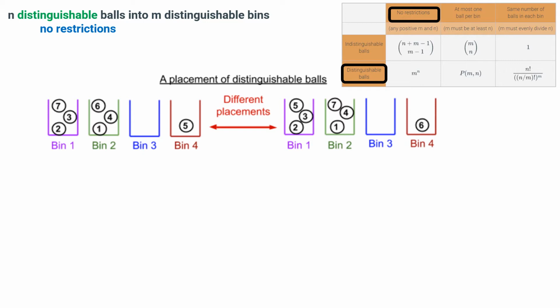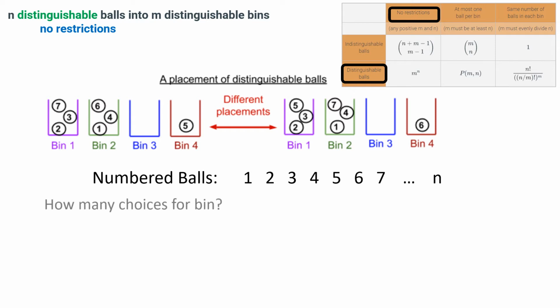So let's think it through. We just have to look at it a certain way and use what we've learned already. It looks like we're going to get m to the nth, but let's see how we might do that. Think about it this way: we have all of these balls, let's say they're numbered from 1 up to n.